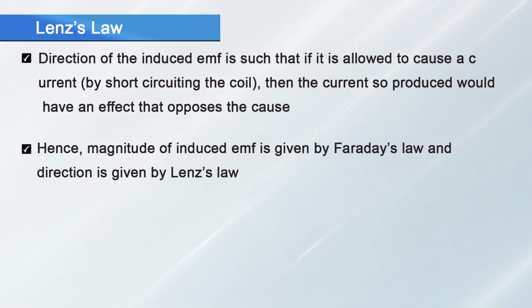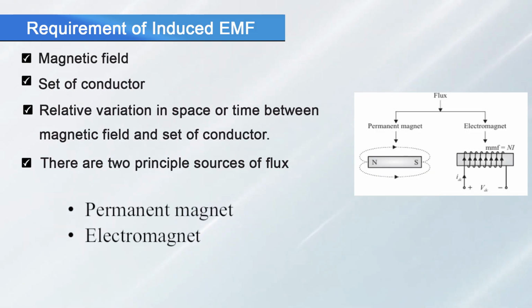Now, Maxwell's corkscrew rule, also known as Maxwell's right hand screw rule, is a tool used in electromagnetism to determine the direction of the magnetic field relative to the direction of electric current.